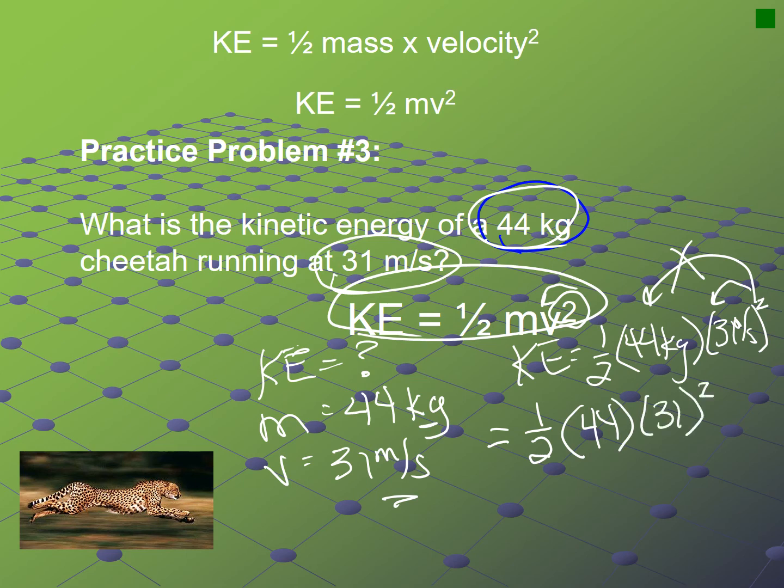Remember, you're not squaring the 44 or any of that. Do that caret, or you could use the squared button on your calculator, and then press enter. And you should get 21,142. And as with potential energy, kinetic energy's unit is still joules, the capital J.